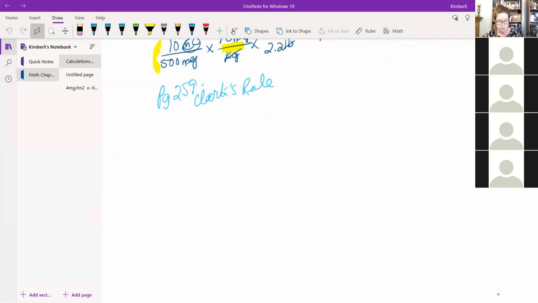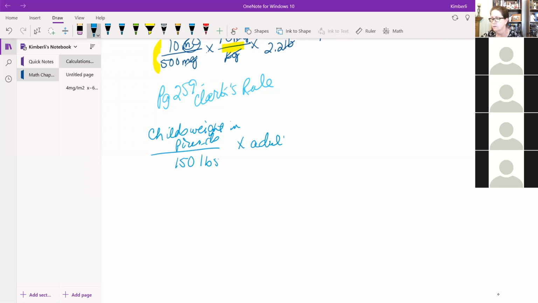Okay, so Clark's rule is the child's weight in pounds divided by 150 pounds times the adult dose. And that's going to equal the child's dose.